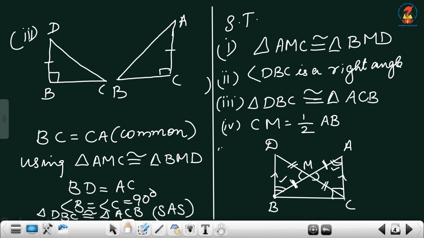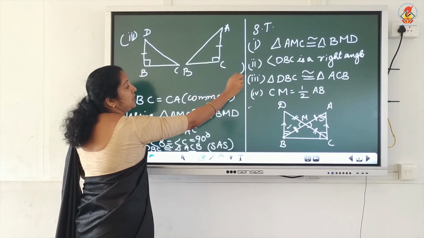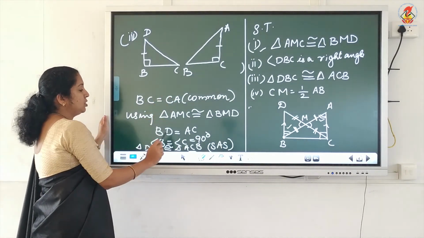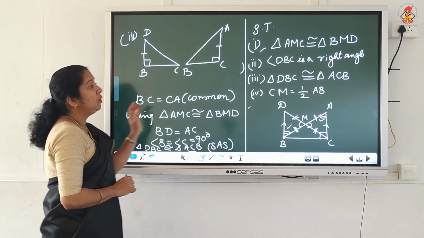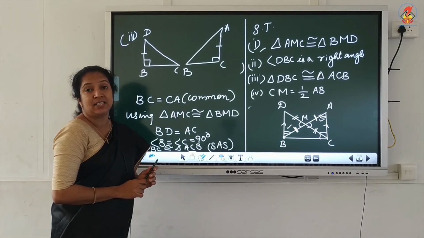These two sides are common, that means BC is equal to CB and BD is equal to AC using 1, and angle B is equal to angle C is equal to 90 degree. So, using SAS criterion, we can say triangle DBC is congruent to triangle ACB.